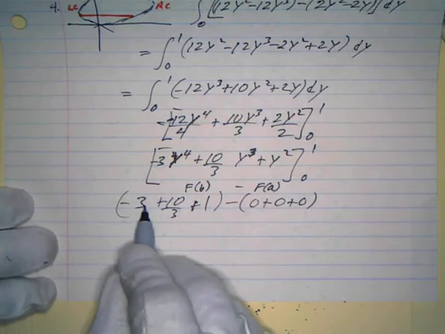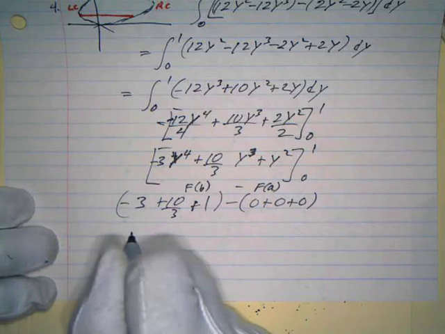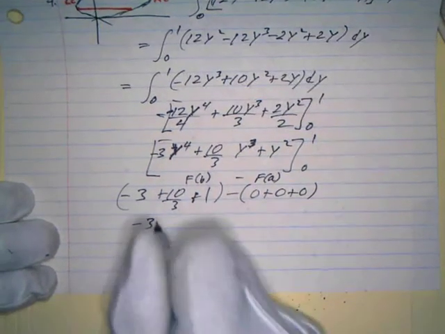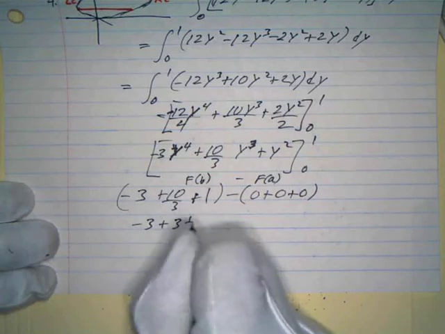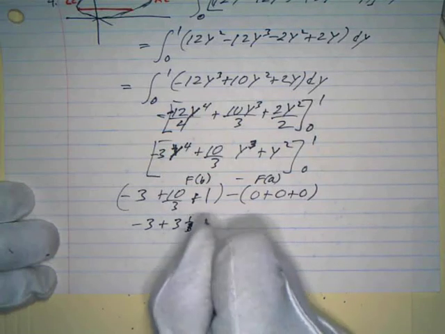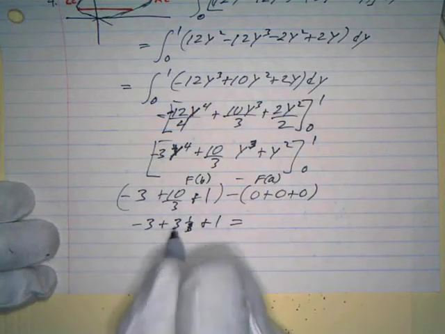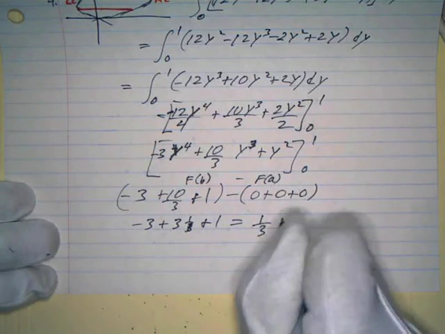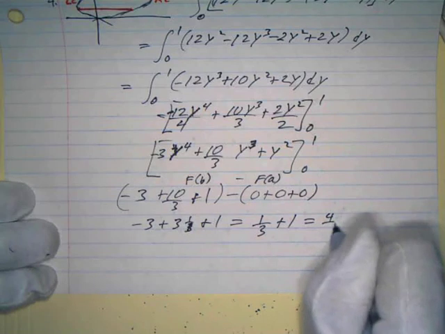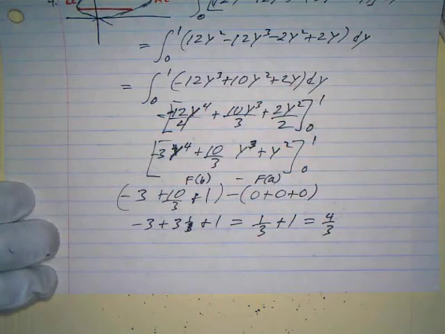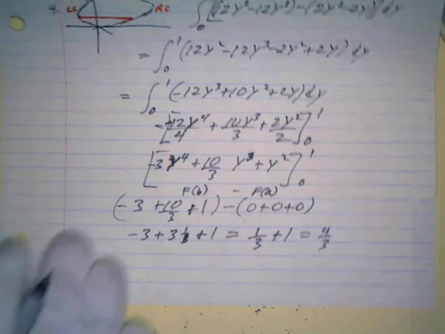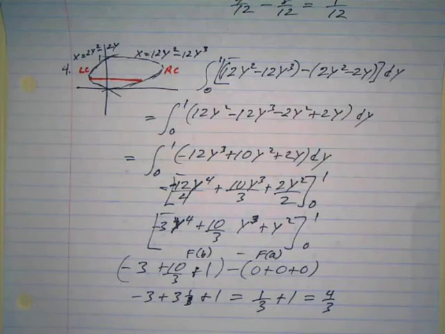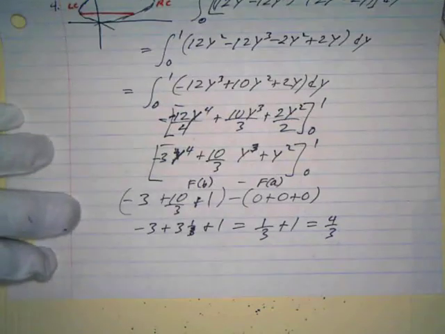And this ends up being, I can think of this as negative 3, and that's going to be plus 3 1/3 plus 1. So that's just going to be 1/3 plus 1, which is 4/3. So there's your answer. Okay? So not too bad. Hope that makes sense. There we go.